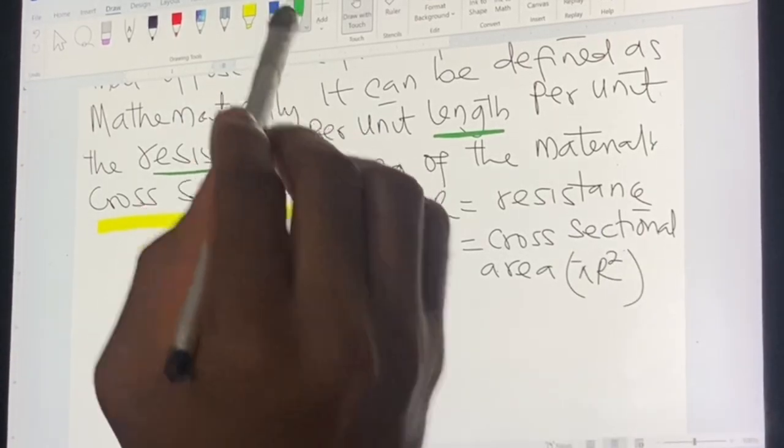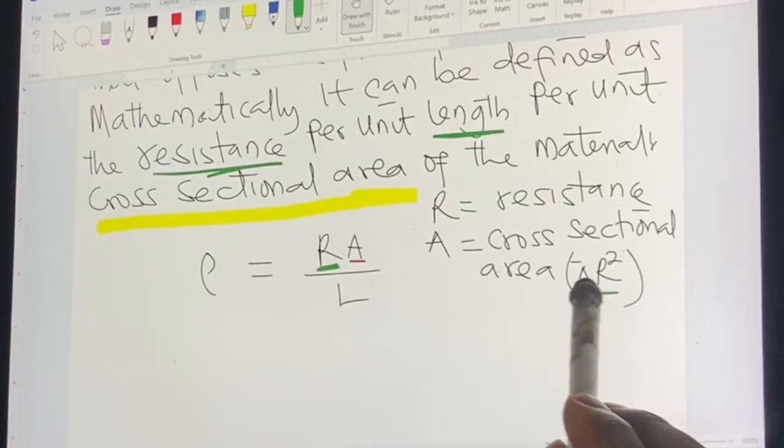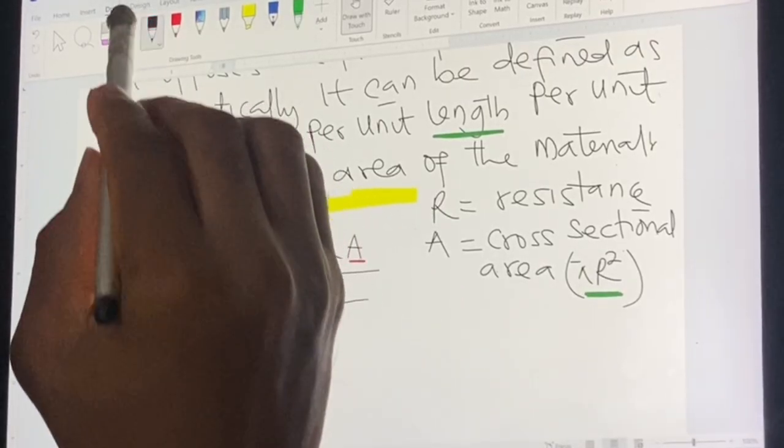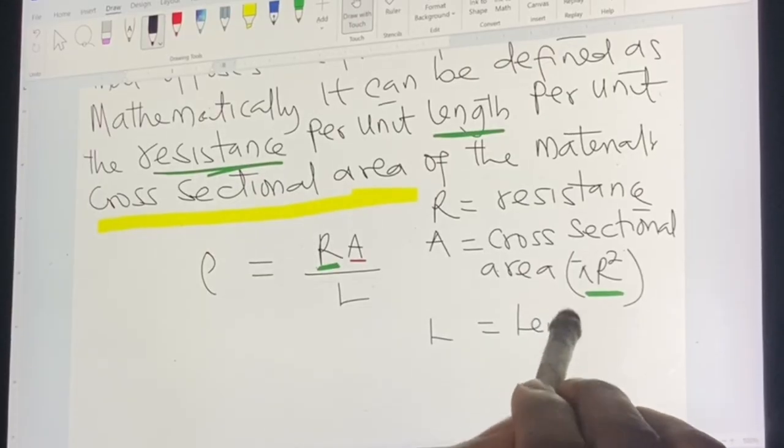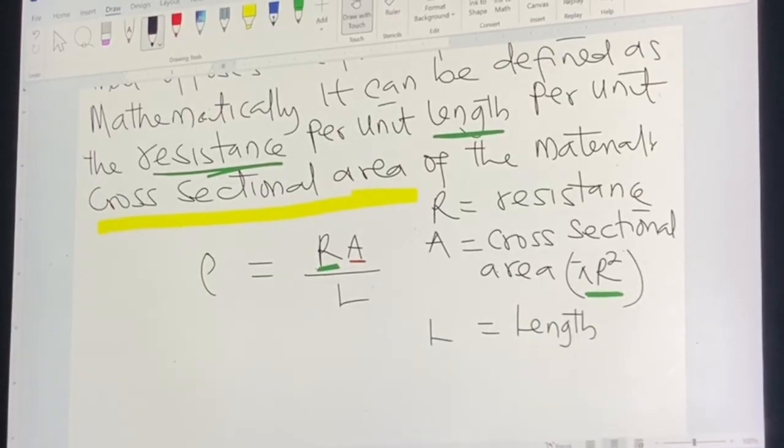If the radius or diameter is given, you can use this to calculate the area. L represents the length of the material.